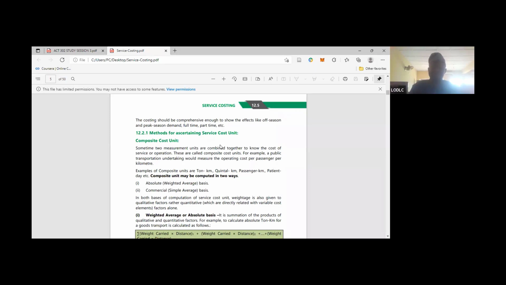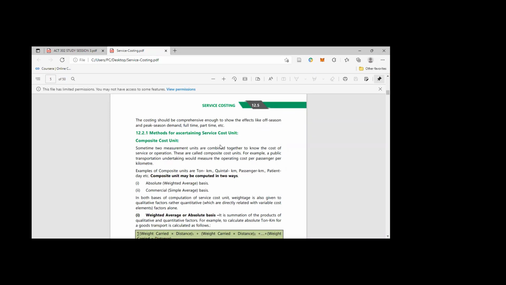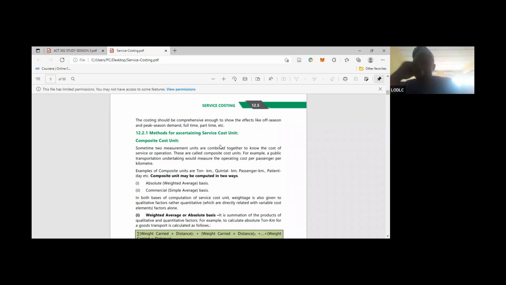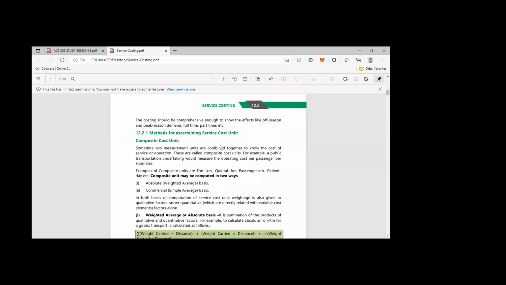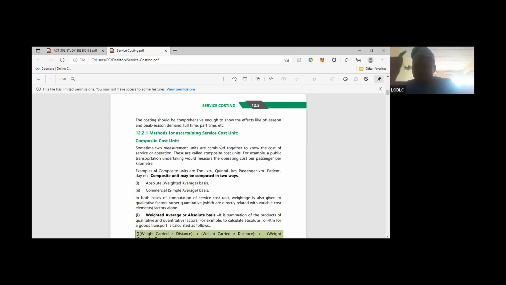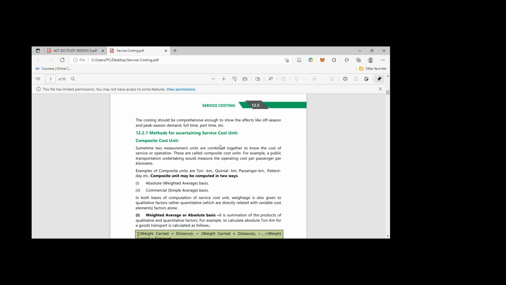For instance, a public transportation undertaking will measure the operating cost per passenger and the operating cost per kilometer.